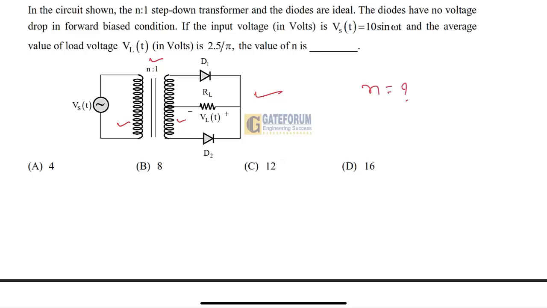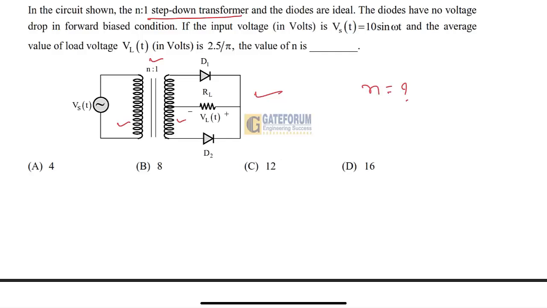Here it is given as a step down transformer. Step down transformer means the number of primary turns will be more compared to the secondary turns.